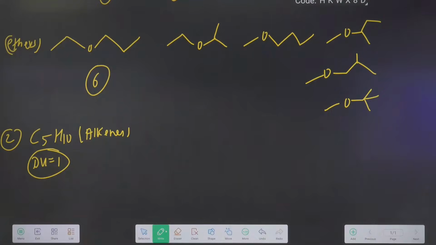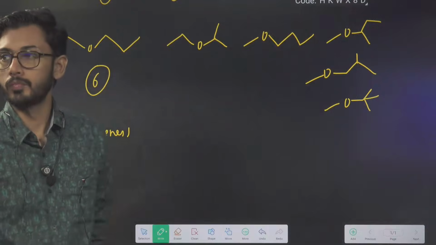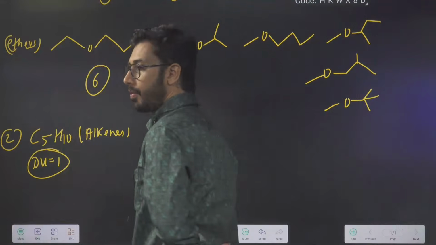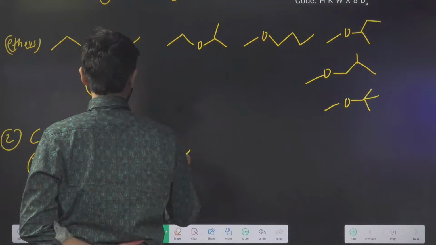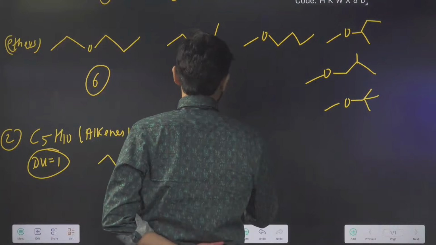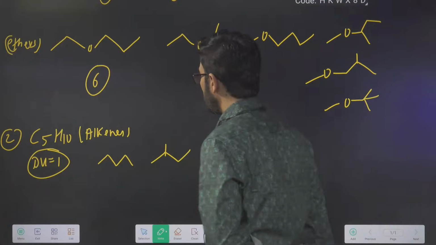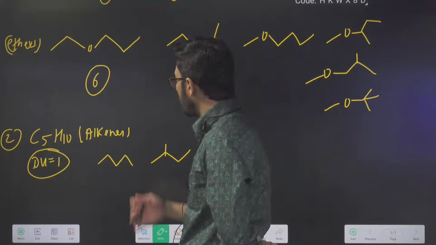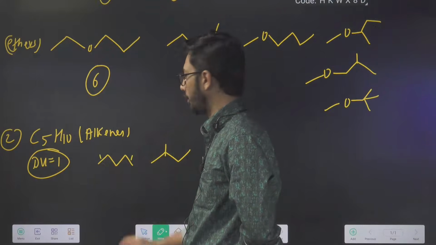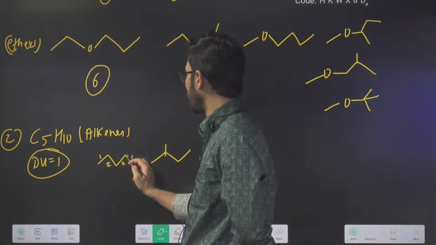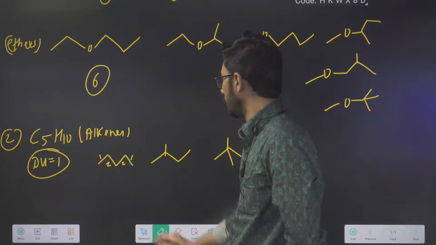Done? How many are you getting? For the next one, C5H10, how many alkenes? Good, good. Very good. 1, 2, 3, 4, 5. 1, 2, 3, 4. And like this. 5. Where is a double bond possible? It is possible between here and here. Okay. Then here and here. 2.